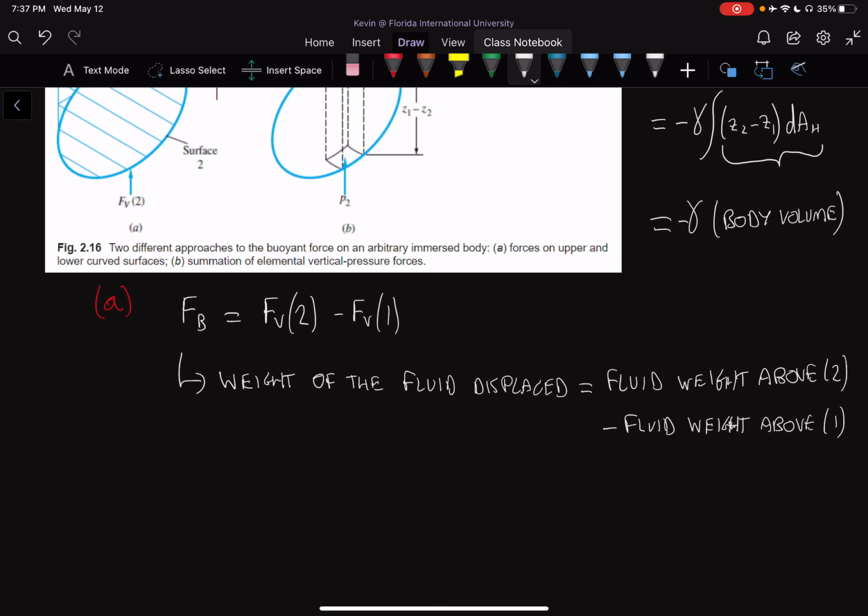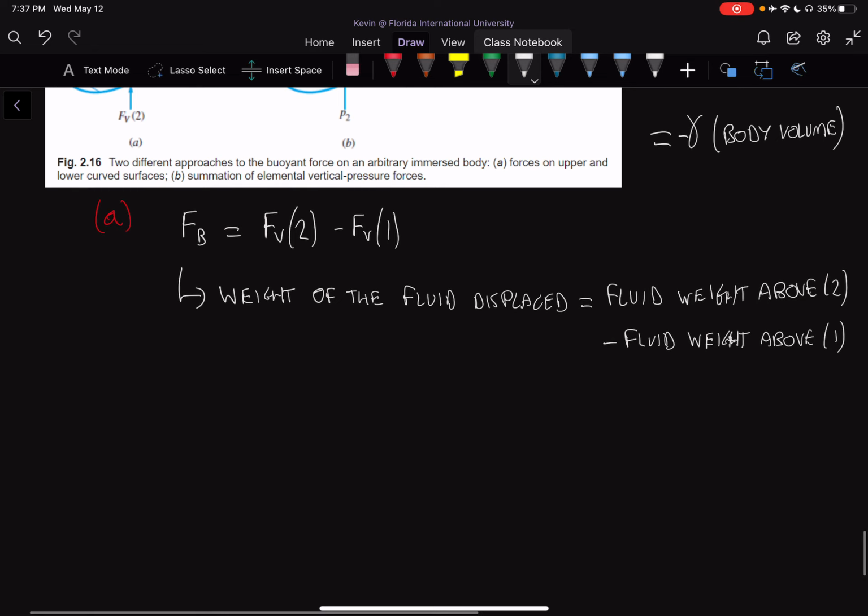Okay, so in this case, we assume that the fluid has uniform specific weight. And we know that the line of action of the buoyant force passes through the center of the volume.